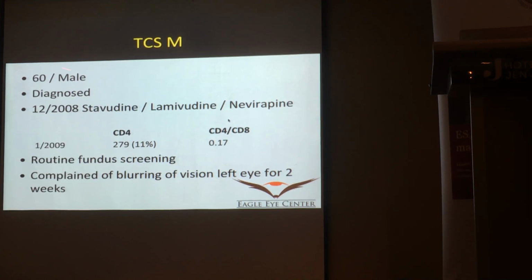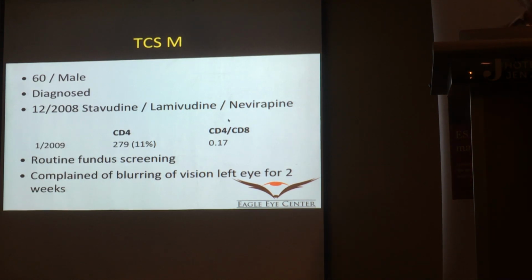So long and short of it is, he has HIV. He was never checked for the eye, but there was already CMV retinitis going on. Started on ARV treatment, he responded extremely well. He's one of these super responders that you treat and suddenly the CD4 goes back up. Immune system comes back online.